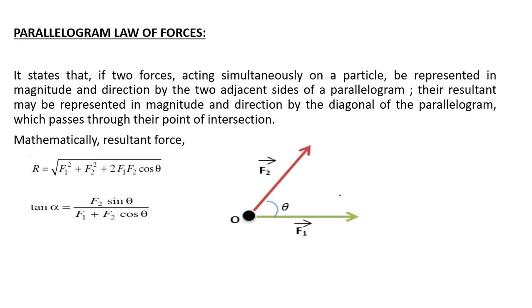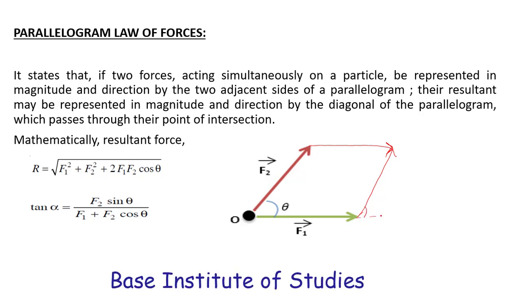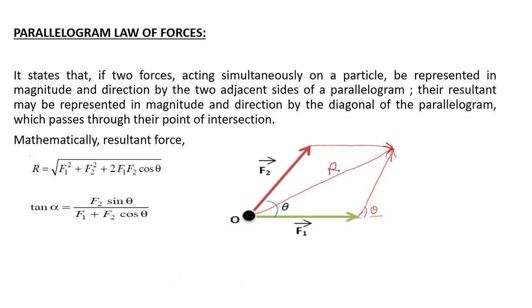For that I have to draw the force F2 here like this and force F1 like this. This is the angle theta. Now for this parallelogram, this will be the diagonal. Let us say this is R.